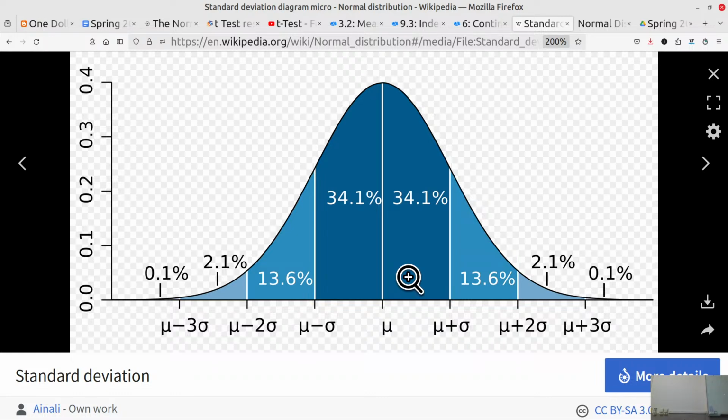I know it's a little bit ugly here, and mu, the micro mu here, means the average. If the distribution is symmetric and very beautiful, you can see the highest point, the climax here, is the largest number on the y-axis, and it corresponds to the average.